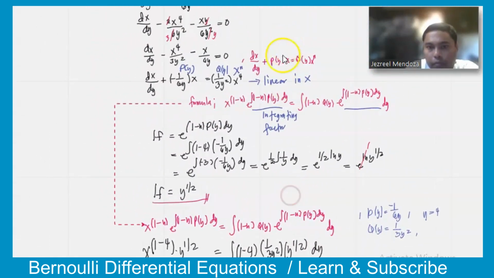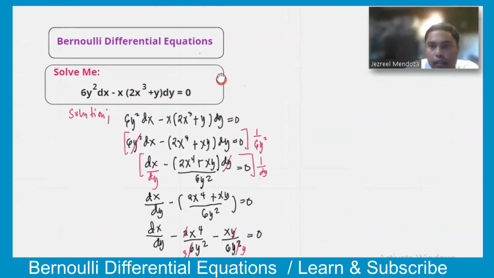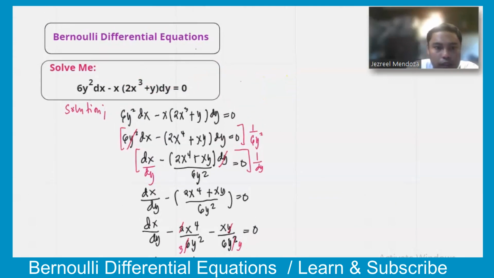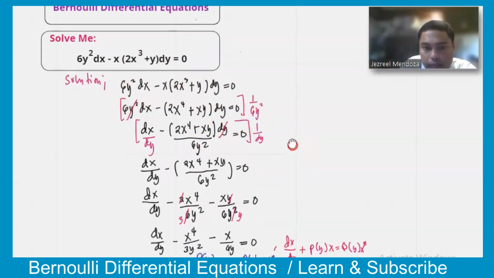Okay, from the top, this is the equation or the question. The first thing to do is identify if this is Bernoulli in x or Bernoulli in y.